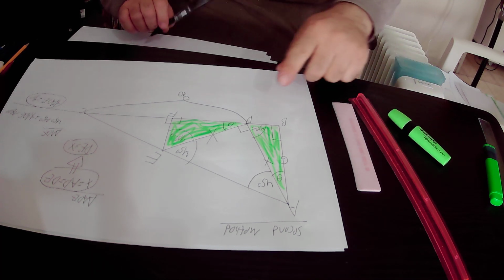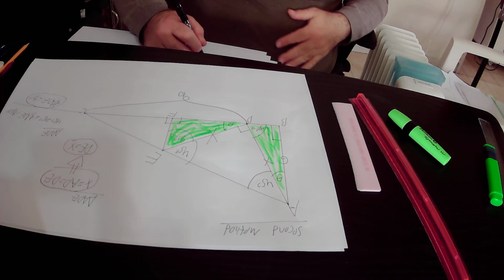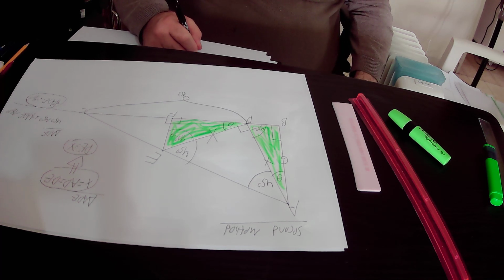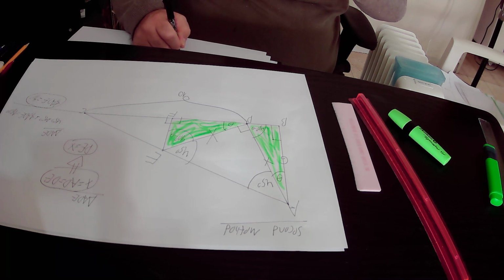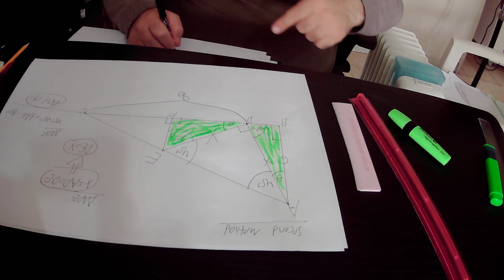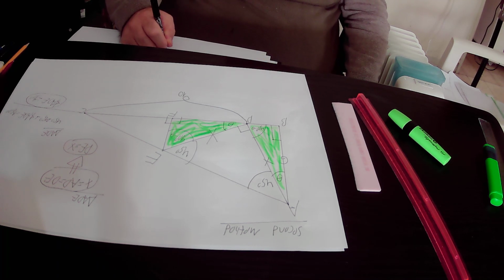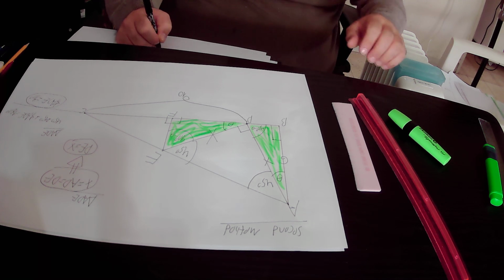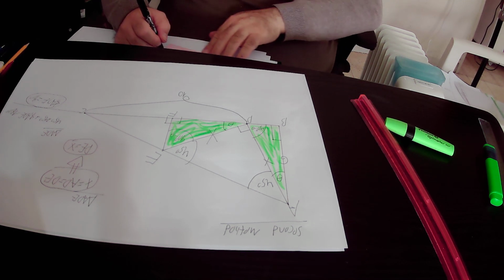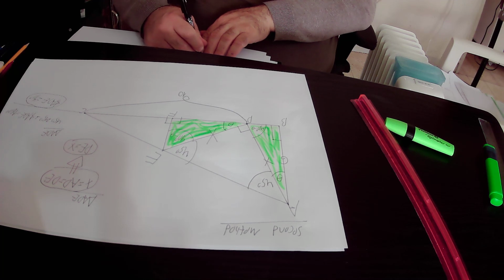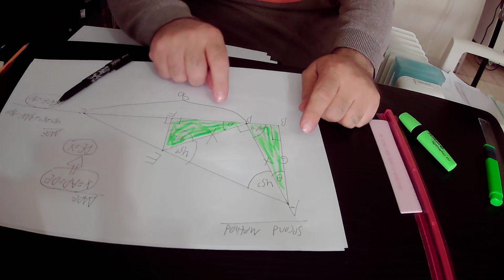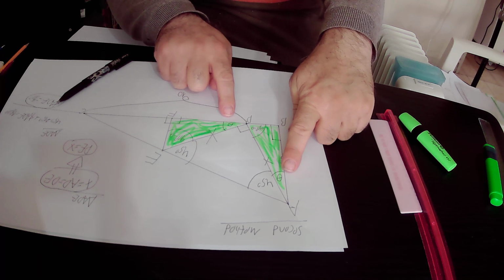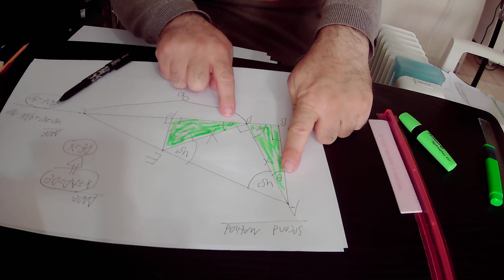So we'll focus on the right triangle, triangle ABD, and the right triangle, triangle EDF. Why those two right triangles can go into each other? First of all, those two angles are equal to each other, they are both equal to theta.